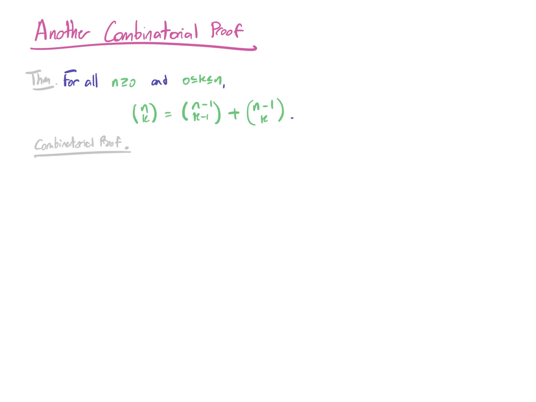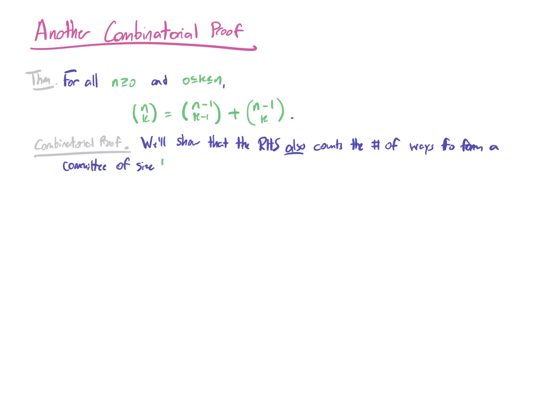So let's go ahead and write this proof. My claim is going to be the following. We'll show that the RHS, that's right-hand side, also counts the number of ways to form a committee of size k from a set of n possibilities.